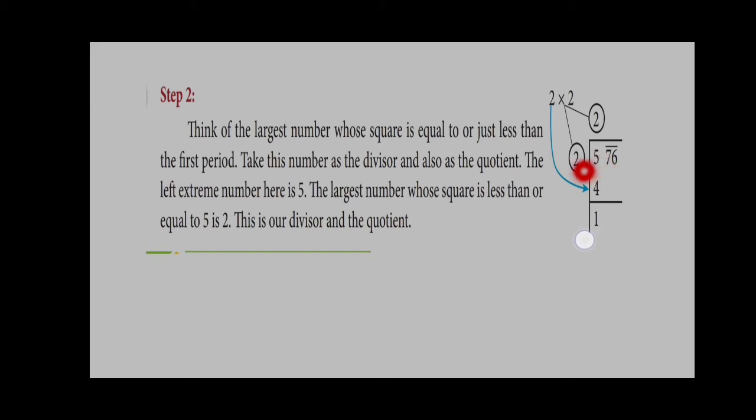That's why I have told you, you need to memorize the square numbers. 1 one is 1, 2 twos are 4, 3 threes are 9, 4 fours are 16, 5 fives are 25. Like that you have to memorize, then only can you solve this easily. So here the first square number is 4, so 2 twos are 4. So 4 is less than 5. When we subtract we will get 1. Understand, this is the first step.